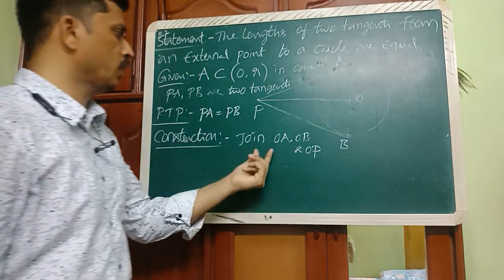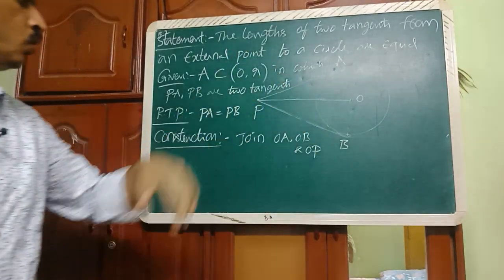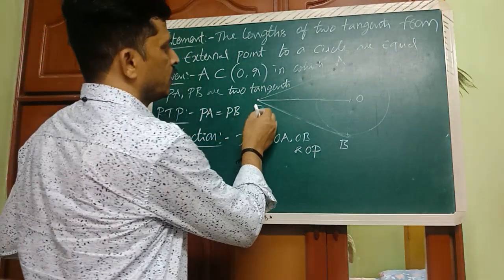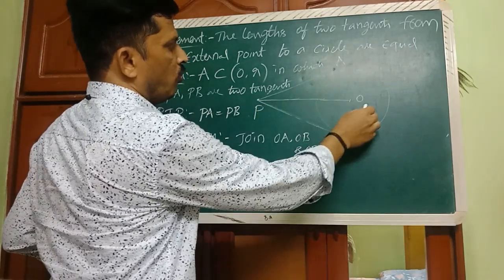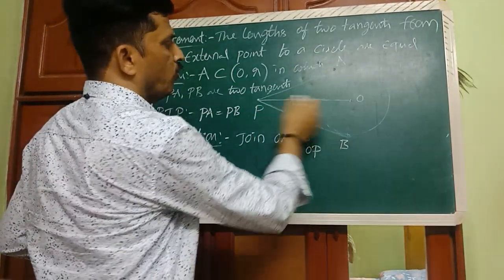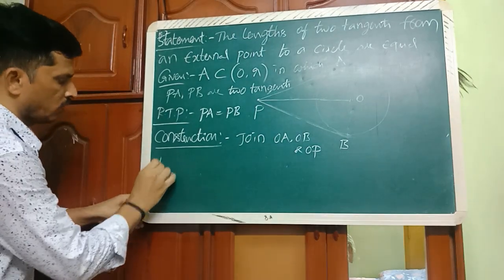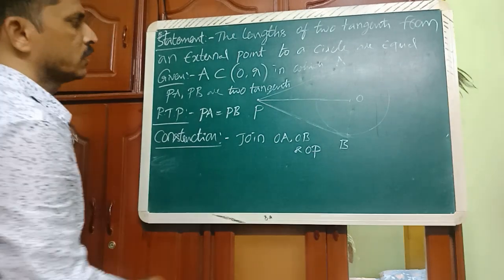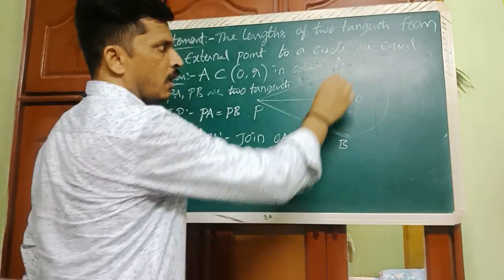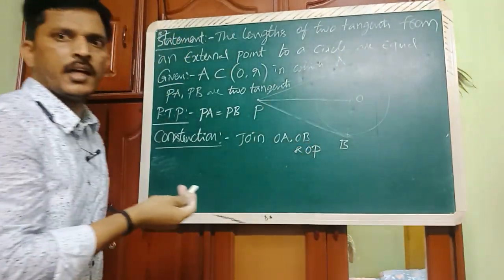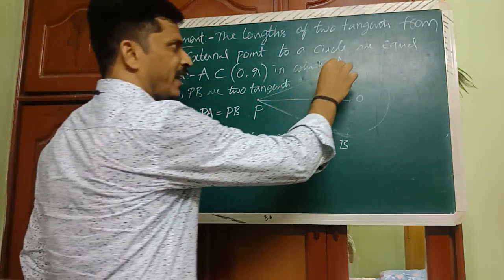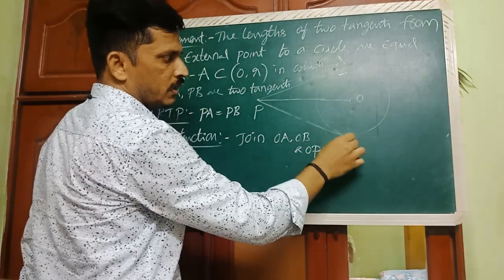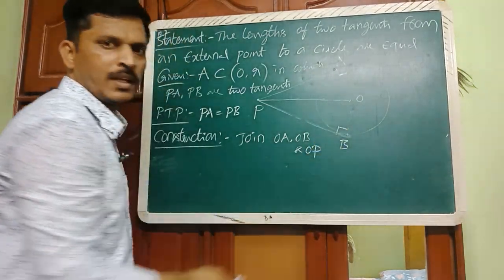If you join like this, you will get 2 triangles, triangle AOP and BOP. So what is the proof for this? PA is the tangent and OA is the radius. According to 10.1 theorem, the radius is perpendicular to the tangent. Also OB is the radius, this is perpendicular to the tangent.